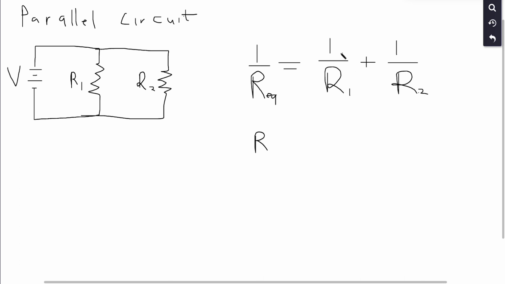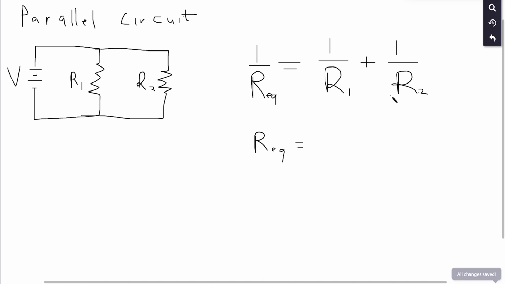So in this case, to solve for this, well, to add these two resistances up, we would need to get the same denominator, right? So we could keep the equivalent resistance here the same, and work on the right side first.